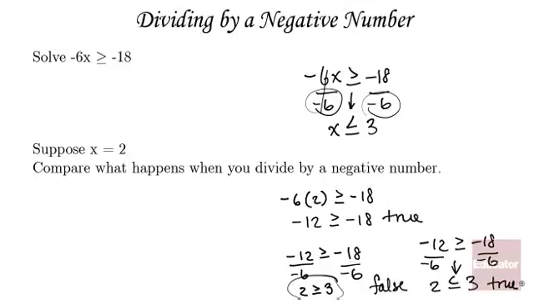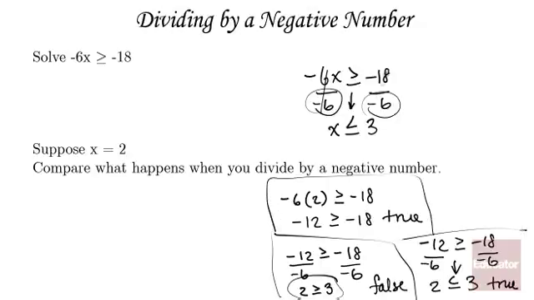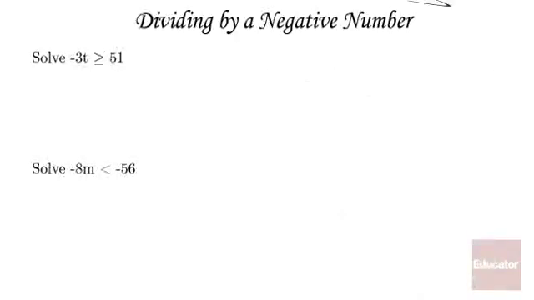So in order for your inequality to stay true, you must switch the inequality sign. You can use substitution to try out different scenarios. Here we took the top inequality, substituted 2, and found that it held true. Then I divided by the negative numbers without reversing the inequality sign, and we found that it no longer was true.